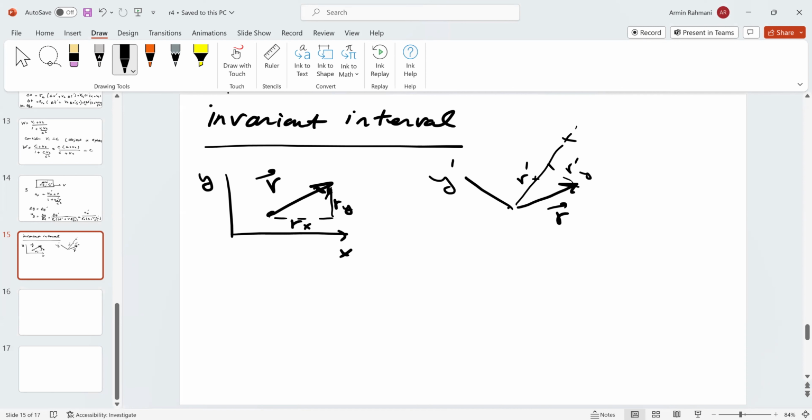So there is a quantity that is invariant, and that's a function of these coordinates. We know rx squared plus ry squared does not change in that rotation transformation. Now events in relativity are like points, and we're looking at intervals between events, delta x's and delta t's.